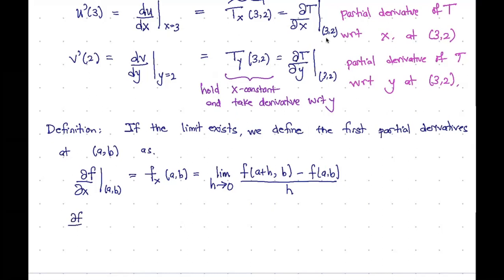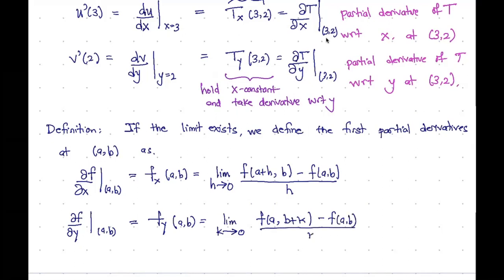Likewise, the partial with respect to y at the point (a, b) can be denoted with the curly d's, or the subscript y at (a, b), and that would be the limit as, using another variable, k approaches 0 of f(a, b + k) minus f(a, b) all over k. And those are the derivatives if we're looking for the derivative at a specific value.